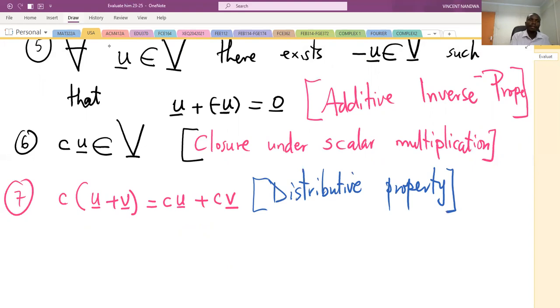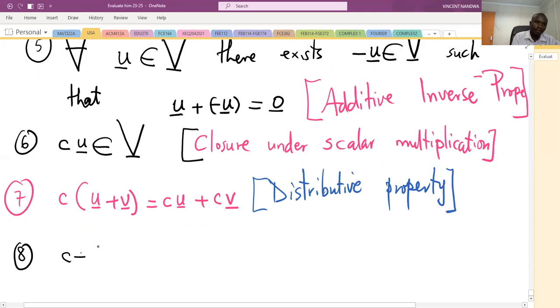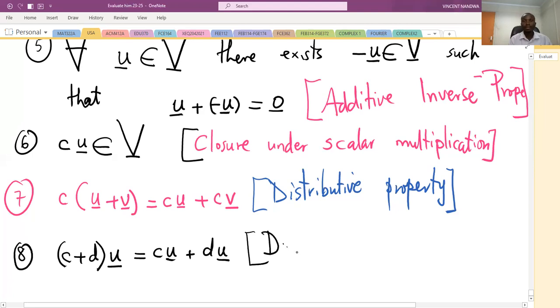And then number 8, if I take the sum of two scalars, I multiply by a vector U, then the same as CU plus DU. So this is called still distributive property.